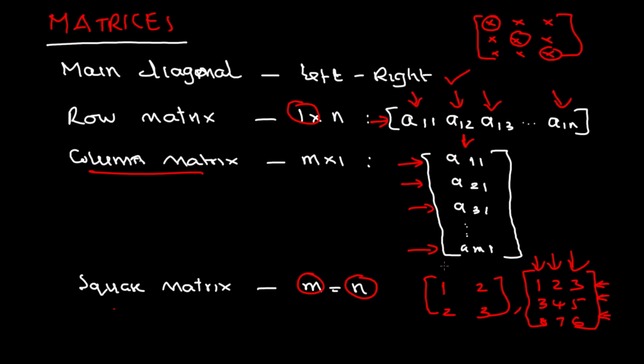Here we have 2, and then here we have 2 as well. So this is a 2 by 2, and then this is a 3 by 3. These are called square matrices, and these are probably the most employed in most mathematical scenarios. You'll mostly find at least one square matrix, so we need to recognize them when we see them.